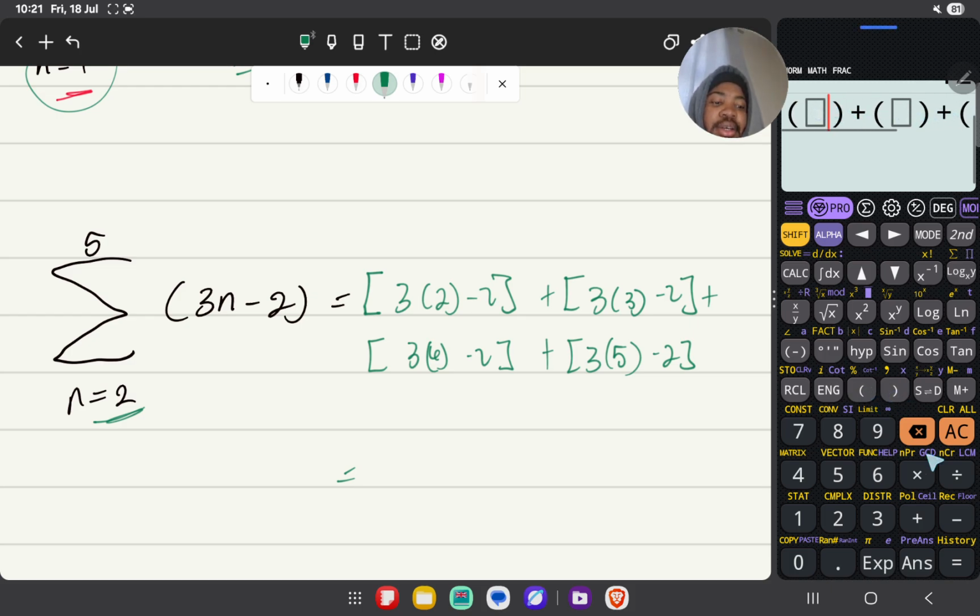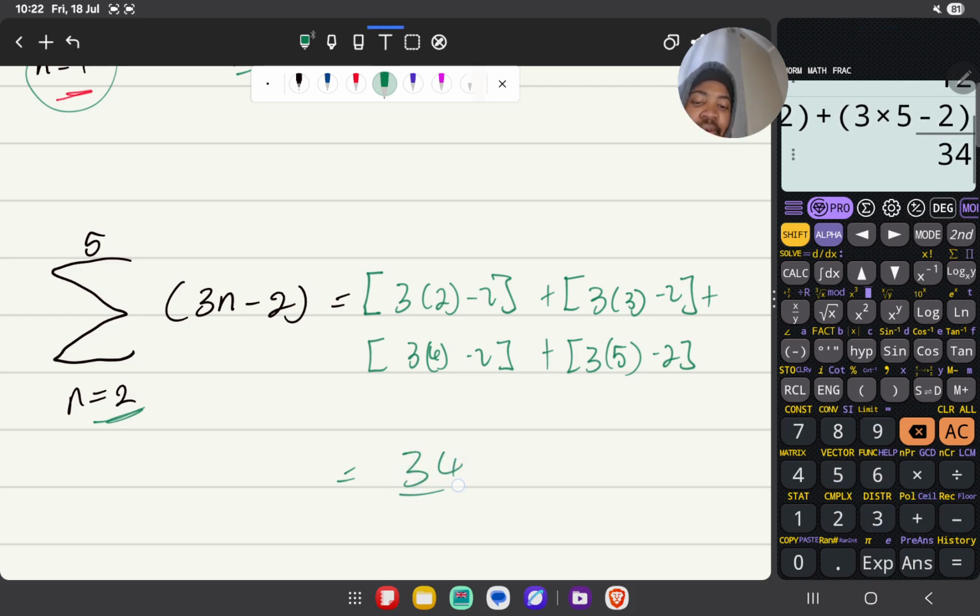So we have 3 times 2 minus 2, 3 times 3 minus 2, 3 times 4 minus 2, and the last one, 3 multiplied by 5 minus 2, and we get the value 34.